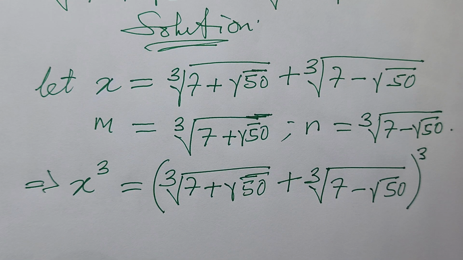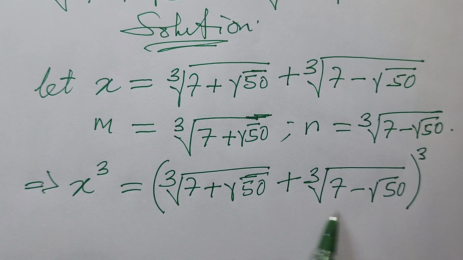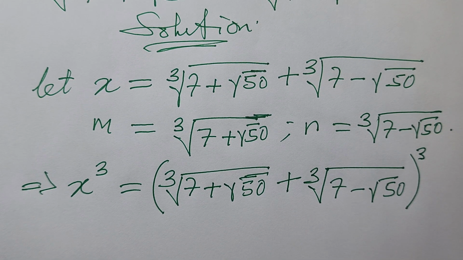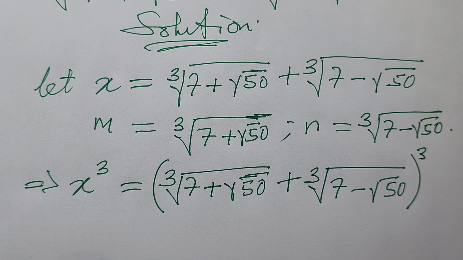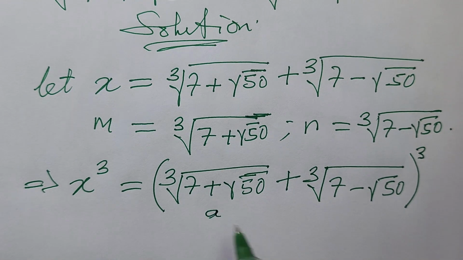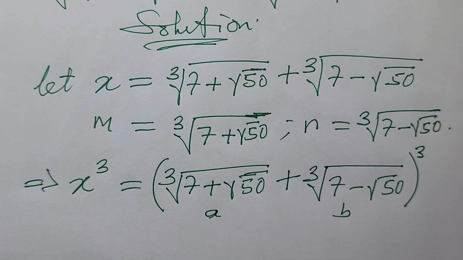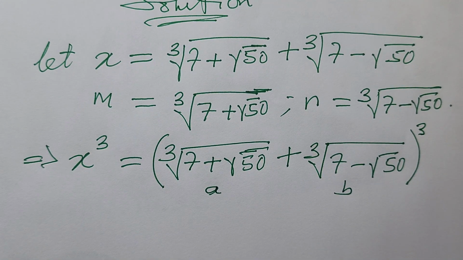Now if you take a look at this expression, we can draw up an algebraic identity that will enable us to solve this, whereby we take the whole of this to be A and the whole of this to be B.